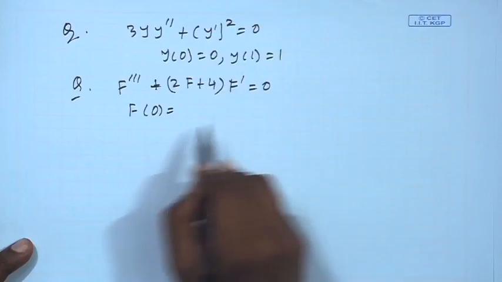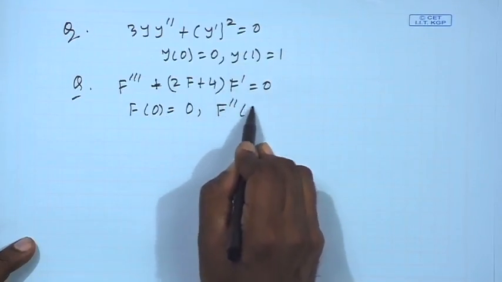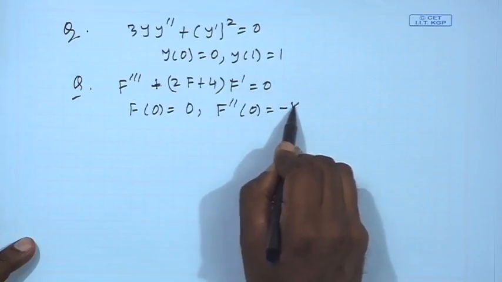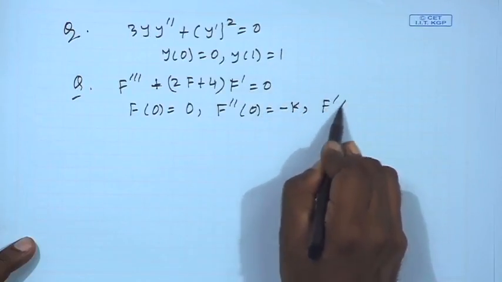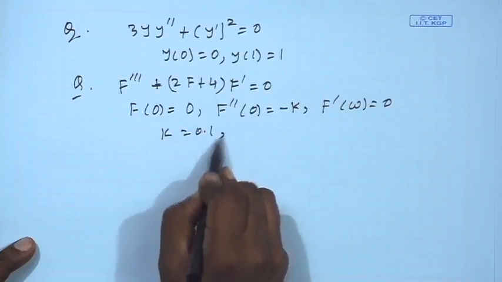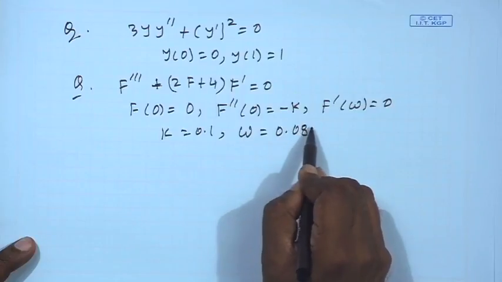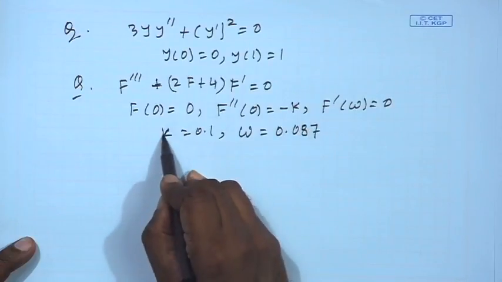If you have a small orifice, f double dash is the flux, which is given as k, and f dash omega is 0, where k is taken to be 0.1 here, and omega is 0.87.